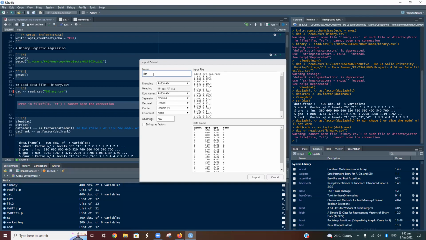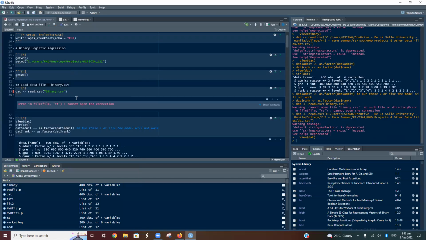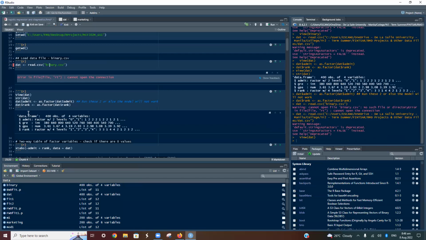Kasi binary kanina yan, di ba? Asan yung binary file? Ayun na yun. Sige. Okay na, gawin mo ng dot. Okay. So import. Yan na tayo. Good. Tapos, wag mo na i-run yung dot na yan. Don't run that anymore.